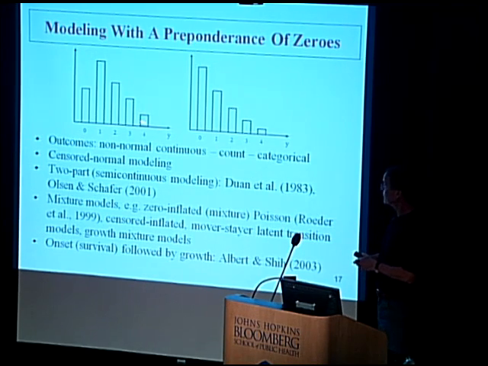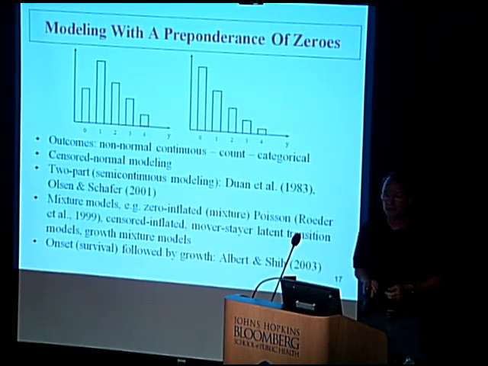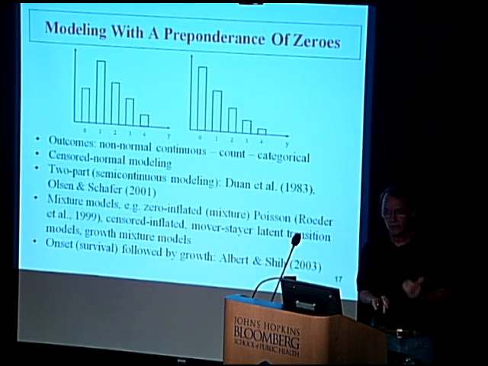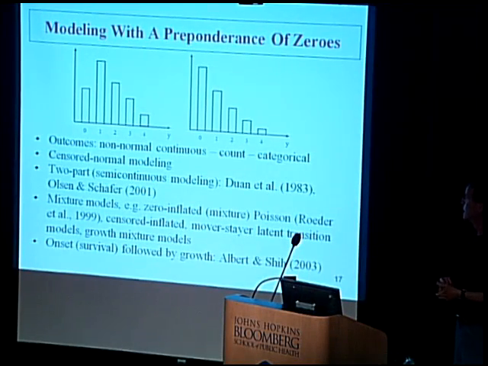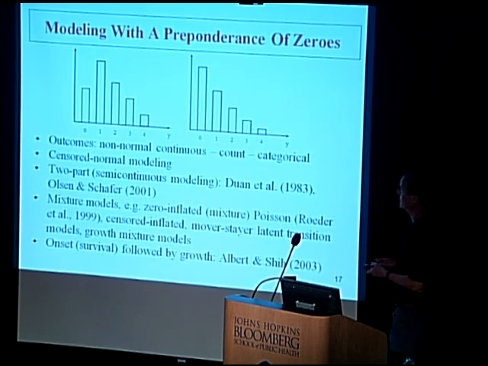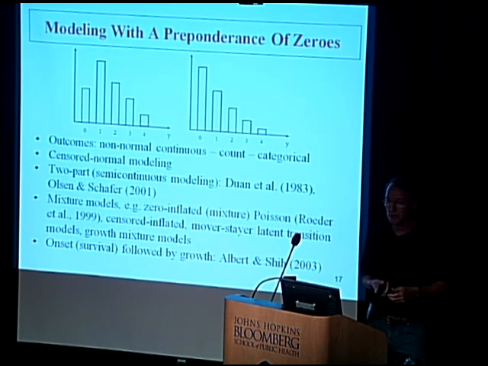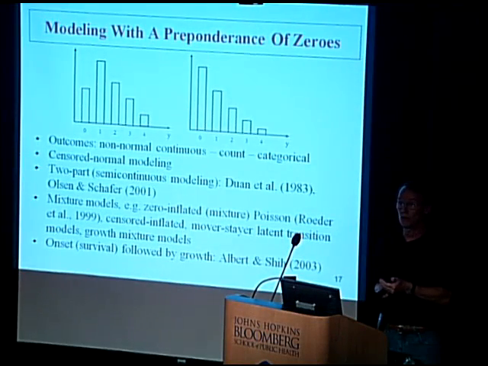For variables like those on the left, you can actually treat them as continuous and apply an estimator like maximum likelihood. And although maximum likelihood typically assumes normality for continuous variables, the point estimates will be quite good even when the distributions look like that. But you do have to correct the standard errors and the chi-square for non-normality. If you have non-normal data like this and you ignore it, the regular standard errors are going to be too small.